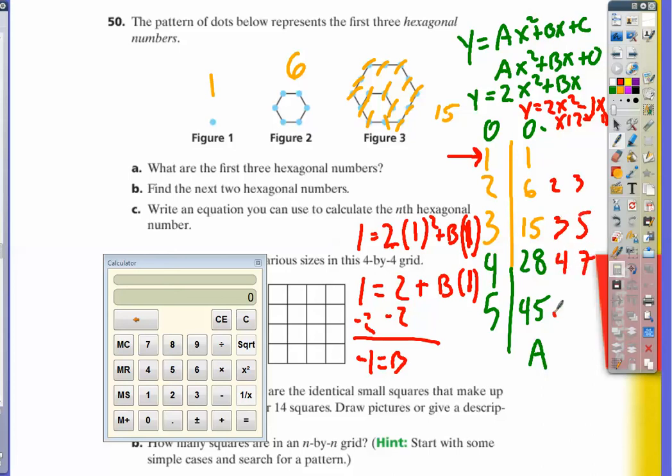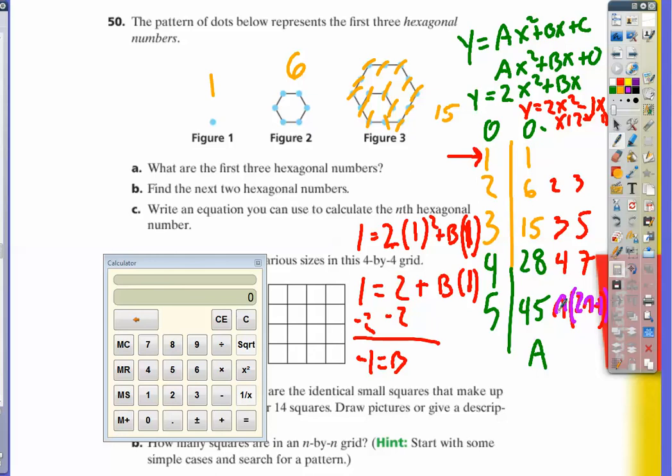I have my n value, and then here I have my n value. Well, 7 is 1 less than 8. 5 is 1 less than 6. And 6 is obviously 2 times 3. So here's my 2n minus 1. And you can't read that because it's on red. That's not a whole lot better.